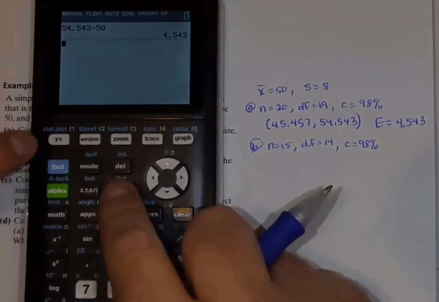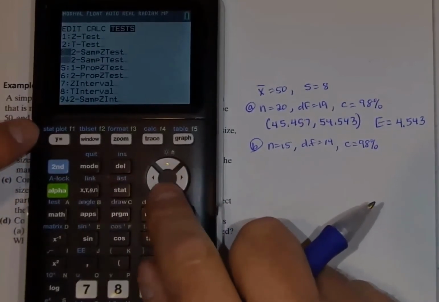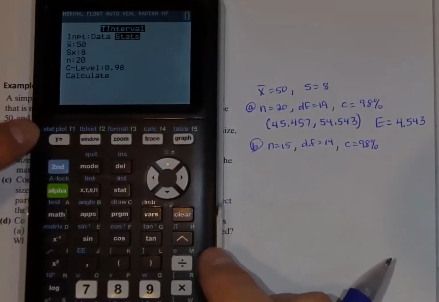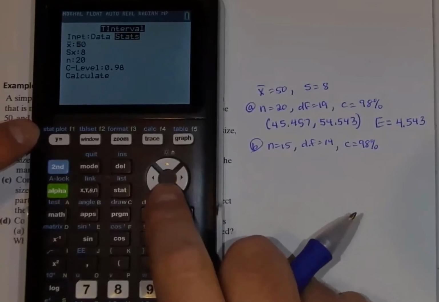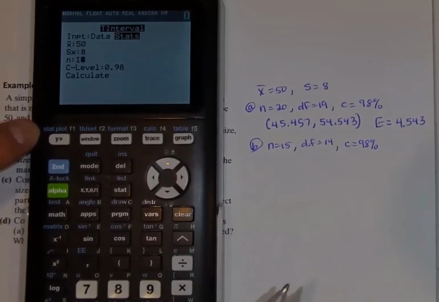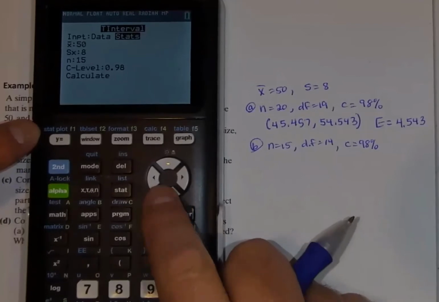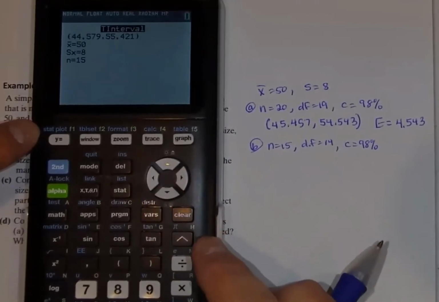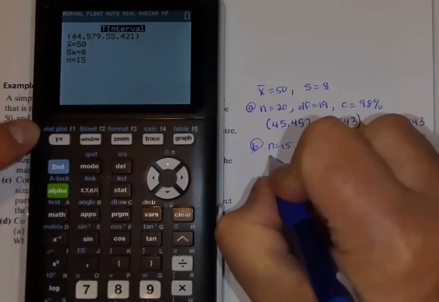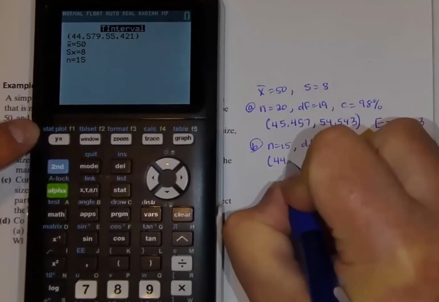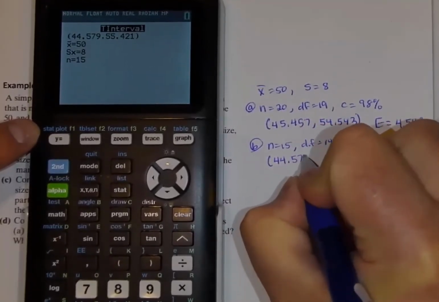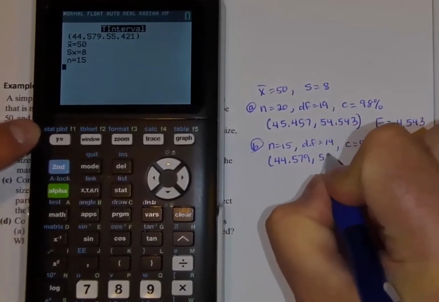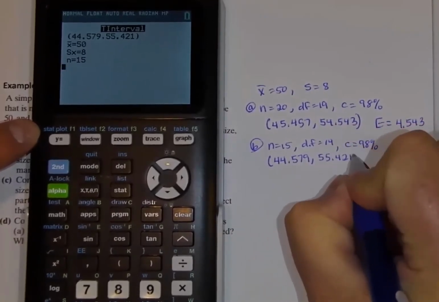Well, if I go to stat, test, and t-interval, I've got statistics, x bar is 50, s is 8, n is 15 in this case. I still have a confidence level of 98%. So if I calculate, my confidence interval changes to be 44.579 to 55.421.